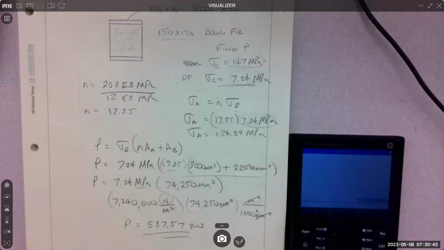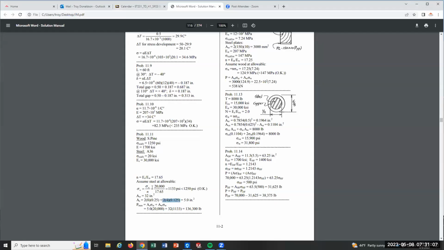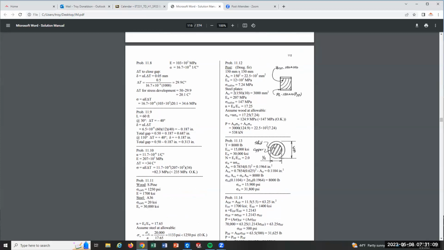So let's look at the book. Back of the book. I think this is 11.12. And 11.12. Oh, that's not in the back of the book. There's only odd. So let's go to this and say, okay, what do they get for 12?